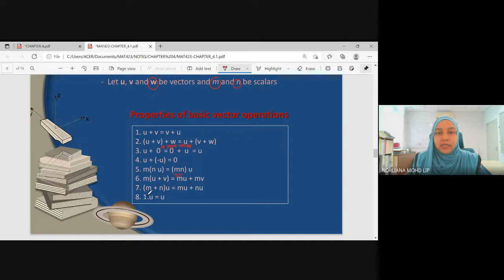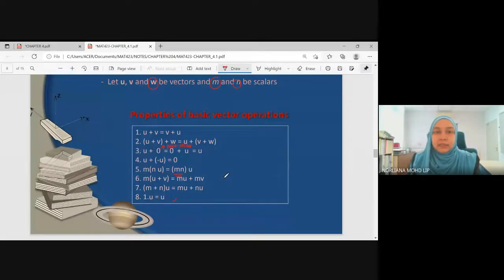And number 7, M plus N, where M and N are scalars, times U is equal to MU plus NU. And the last one, 1 times U is equal to U. In subtopic 4.2, you have to prove these properties, showing the left hand side is equal to the right hand side.